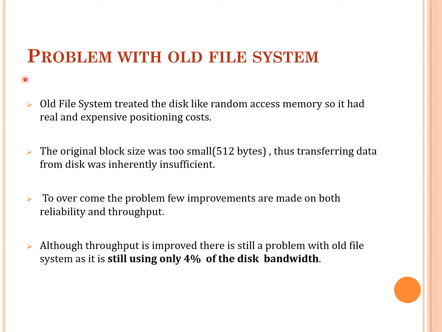The performance was improved by increasing the block size from 512 bytes to 1024 bytes. This gave an indication that by increasing the block size, throughput can also be increased. Although the throughput improved, there is still a problem with the old file system, as it is still using only 4% of the disk bandwidth.